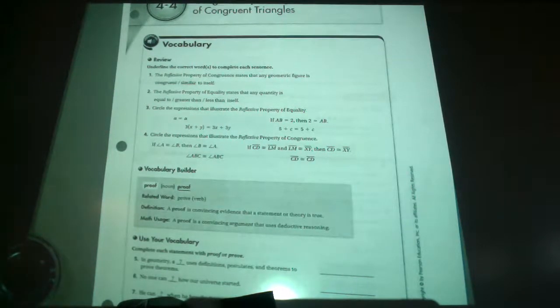Okay, so when you look at section 4.4, which says using corresponding parts of congruent triangles, what you have to do is prove.